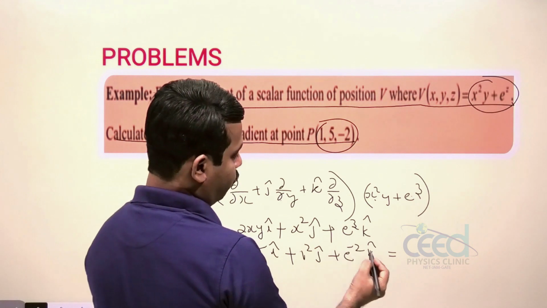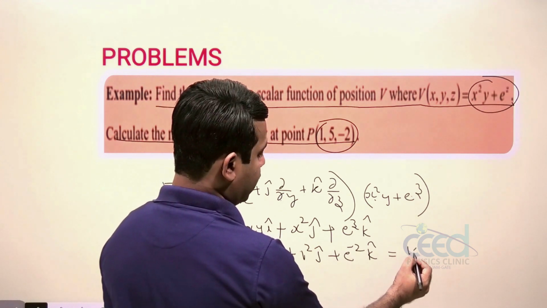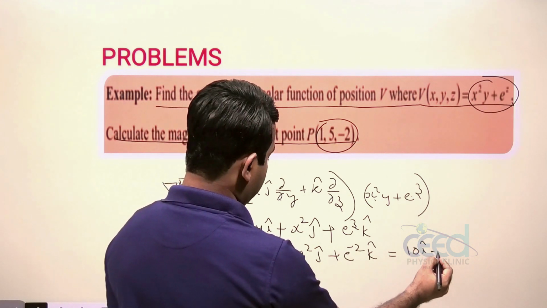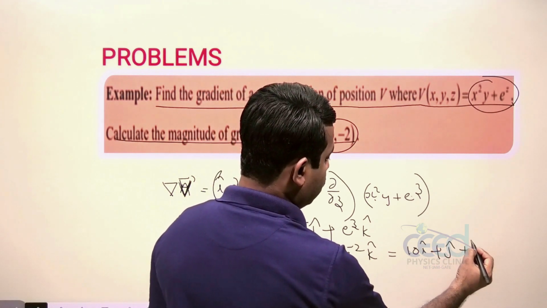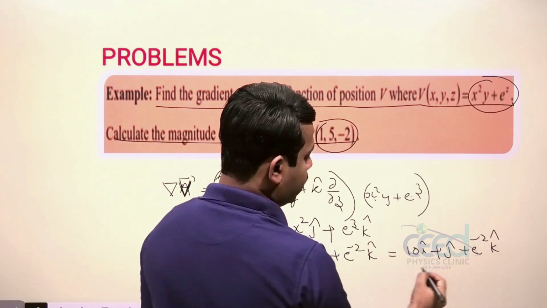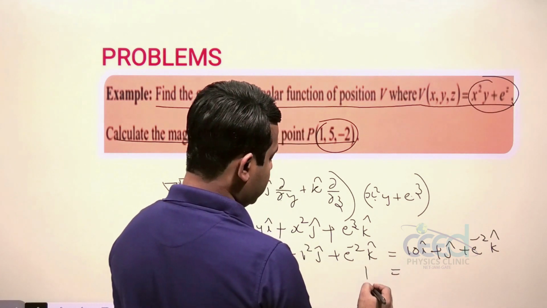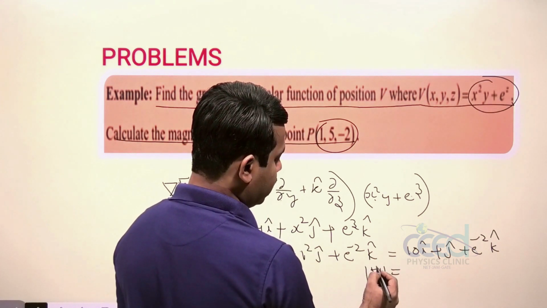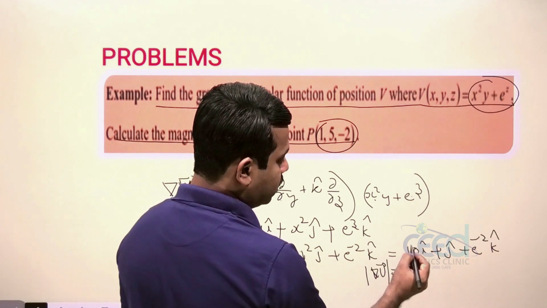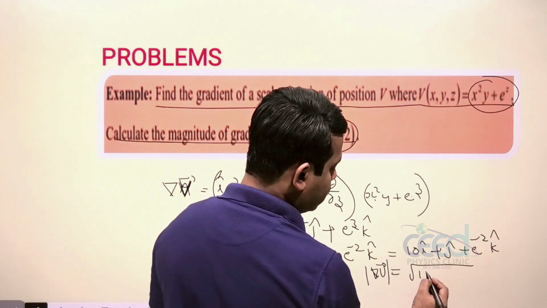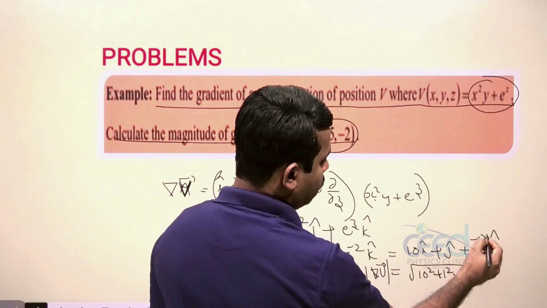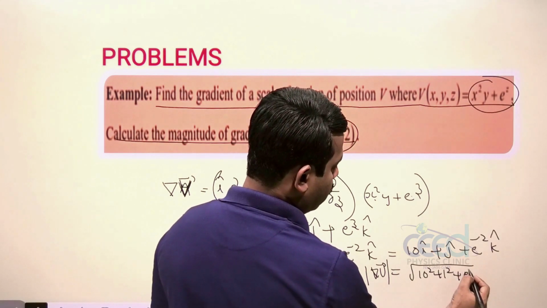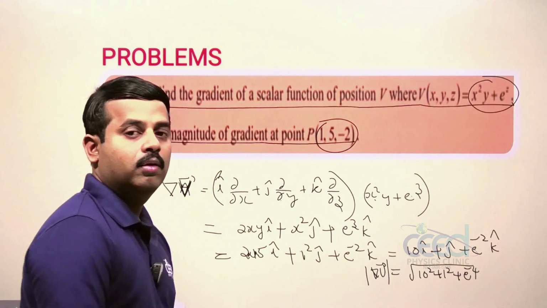That is 10 I cap plus j cap plus e raised to minus 2 k cap. Then the magnitude of this gradient V is the square root of 10 square plus 1 square plus the square of e raised to minus 2, that is e raised to minus 4.